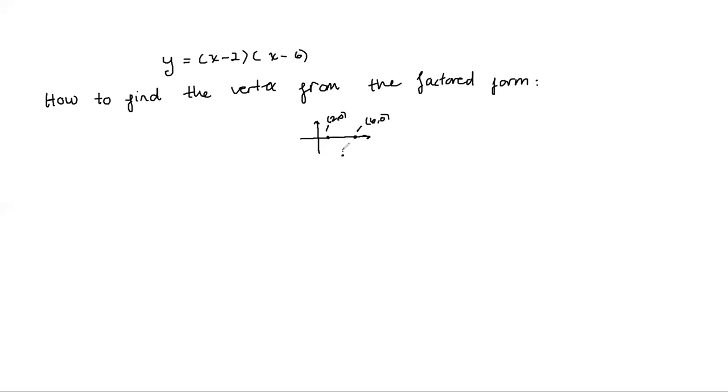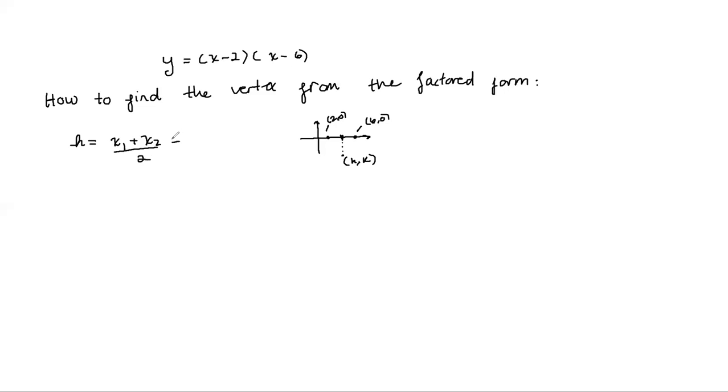So in other words, if I were to look at the vertex, here we have (h, k). So k is my y and h is my x value. So the h or the x value will always be the middle of these two. In other words, it'll be almost like taking the average of both. So the value of h is simply taking x1 plus x2 divided by 2.